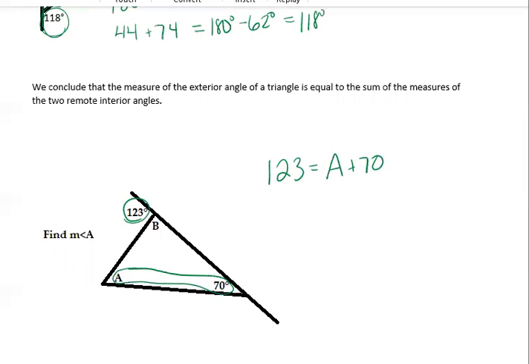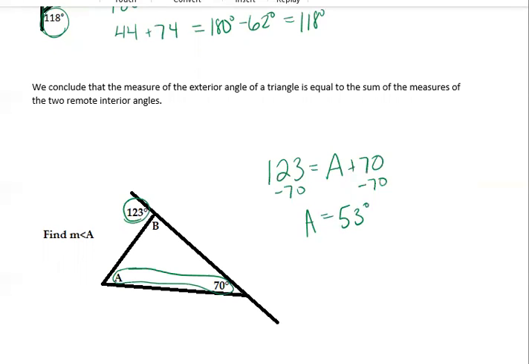We never even have to mess with B. We know that these two will add up to this exterior angle. And then we can just subtract 70 on both sides. And we get that angle A is equal to 53 degrees. So we didn't have to step through B to find what A was. We could use our property that we just learned to figure out what it was.